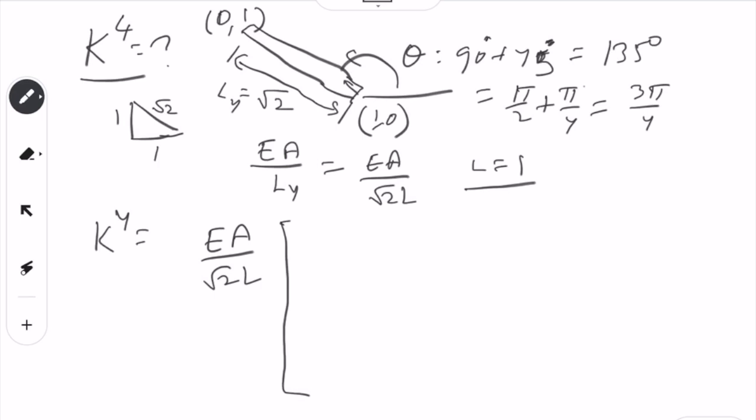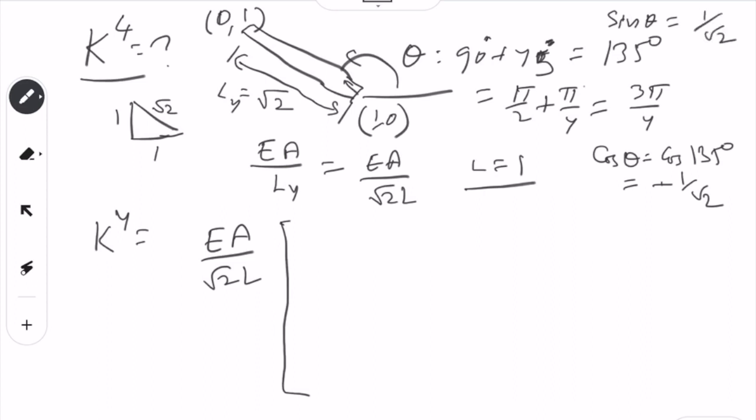So cos theta is equal to cos 135 degrees, which is equal to minus 1 over root 2, and similarly sin theta will be equal to 1 over root 2.